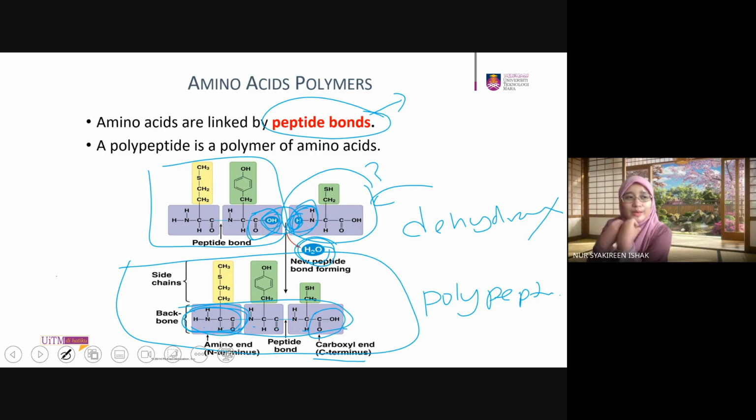So what makes one protein differ from another protein? It is due to the side chains. For example, the first amino acid here has this type of side chain.